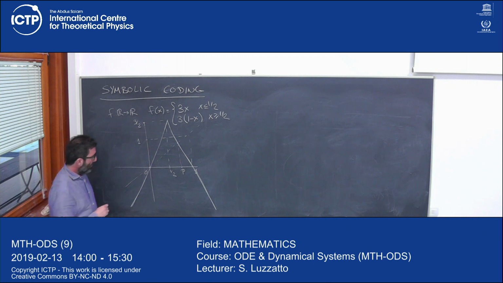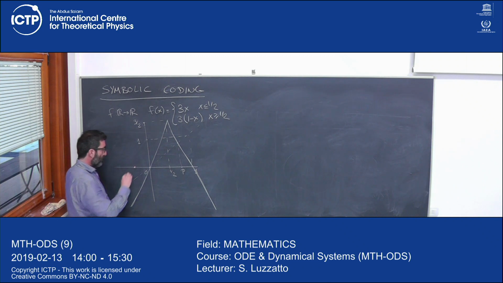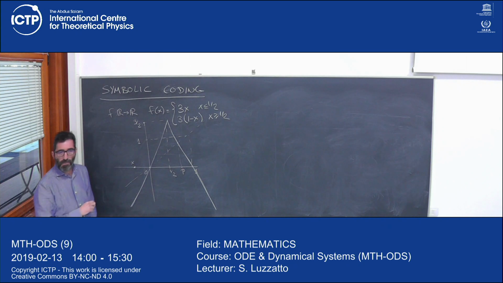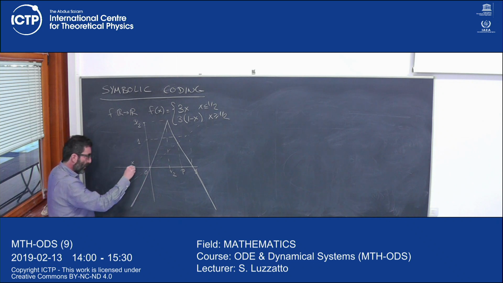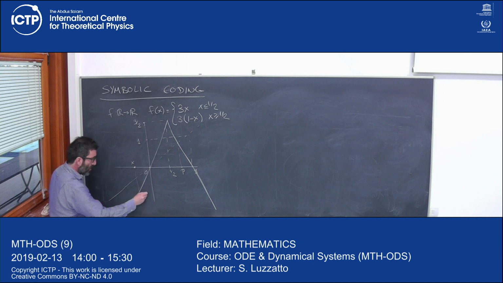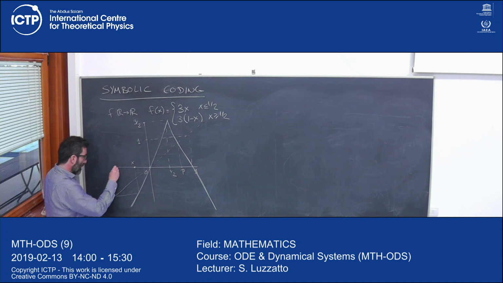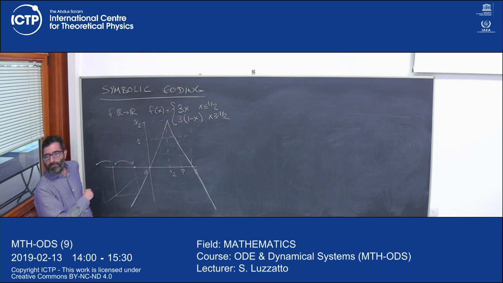What happens if we start with a point that is here, negative? Okay, so remember the way we graphically do the map. Because the graph is below the diagonal, that means it's going to go to the left, right? So you look at the image here, and then the next, which when you project along the diagonal gives you a point here, and then you do the same.